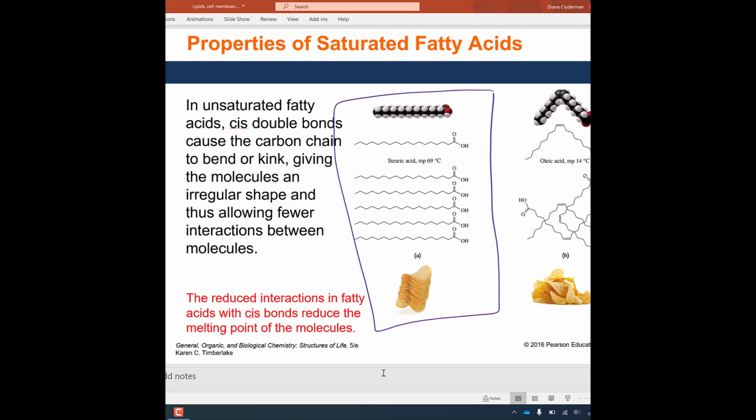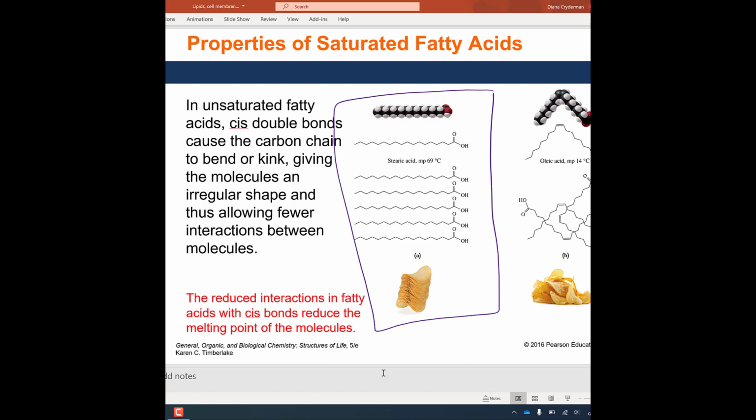But when you have now a cis double bond, where you've got kinks, especially if it happens to be a polyunsaturated item and they're cis, and you have multiple kinks, they'd really have to line up perfectly in order to stack.